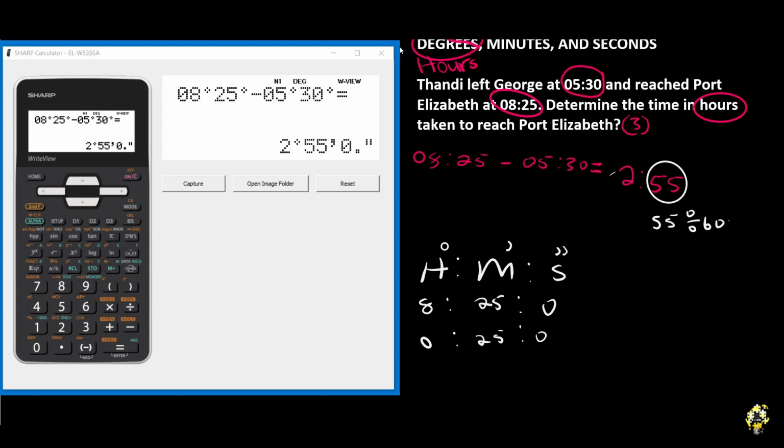Let's go to our calculator and see what we get. 55 divided by 60. Remember how we change from fractional form to decimal? We use the change button. It's 0.91666. Let's just round it off.